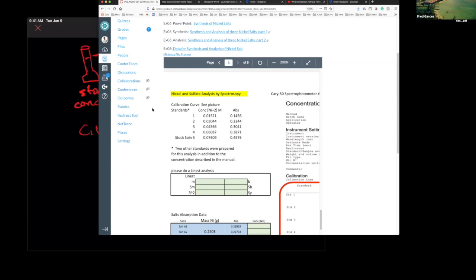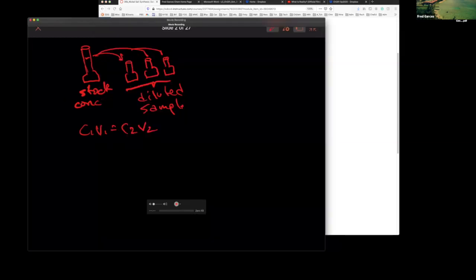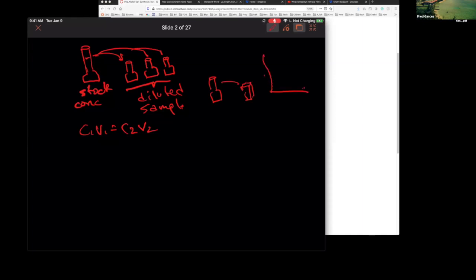The next thing we did was we took these solutions, all 5 of these, we put them in a cuvette, and we measure the absorbance. And the absorbance will look like this. The absorbance sitting around 500 nanometers.